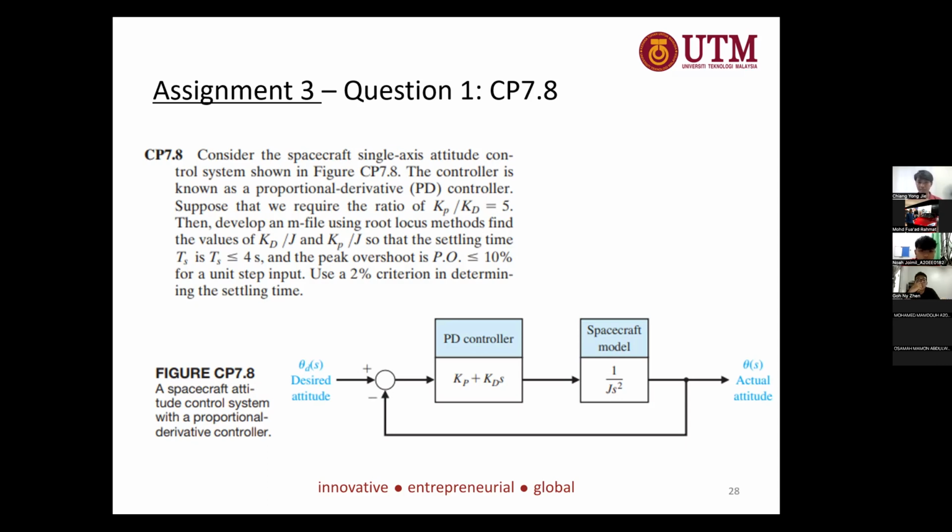Then develop an M file, a MATLAB file, using the root locus method. Find the values of KD over J and KP over J so that the settling time is less than or equal to 4 seconds, and the peak overshoot is less than or equal to 10% for a unit step input. Use the percent criterion in determining the settling time.